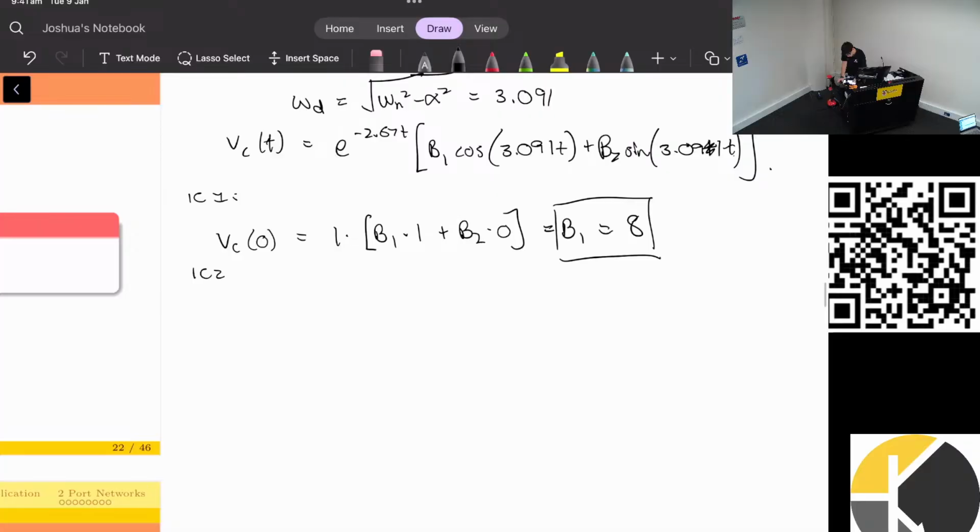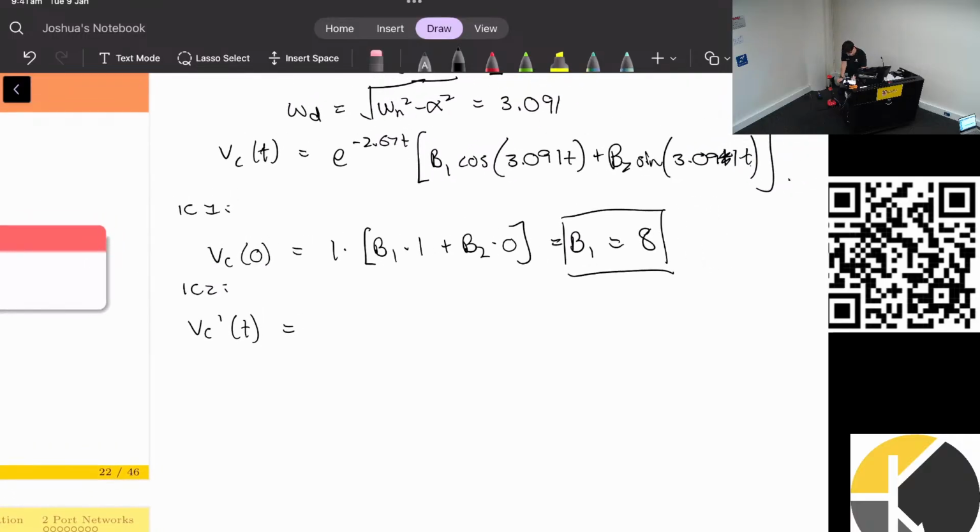The next one, we're going to have to look at the derivative. So if I take the derivative of both sides, do we know what differentiation rule I might have to use to take the derivative of that equation? Yeah, product rule, right? Cool. So I'll start with the e term.